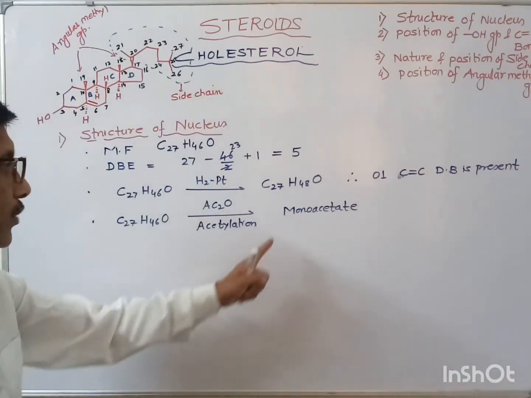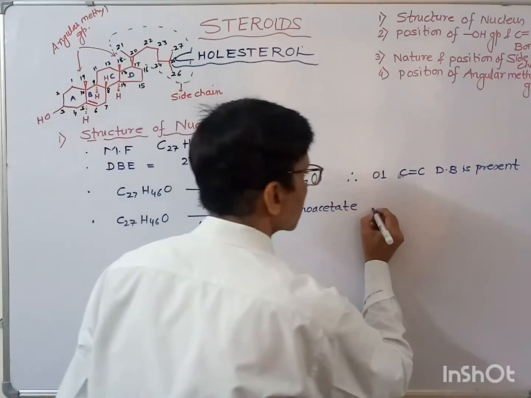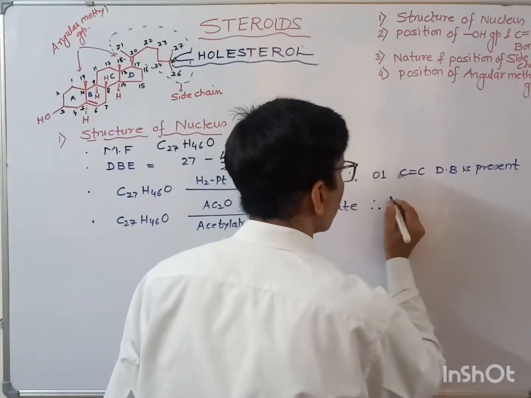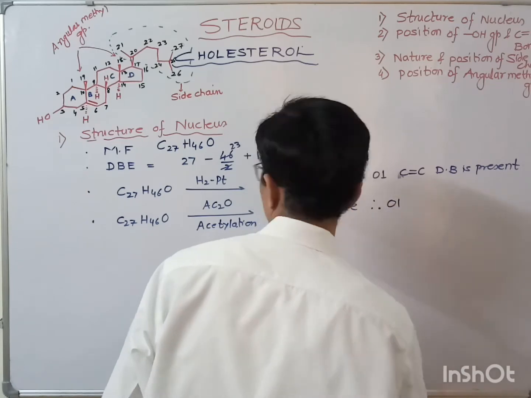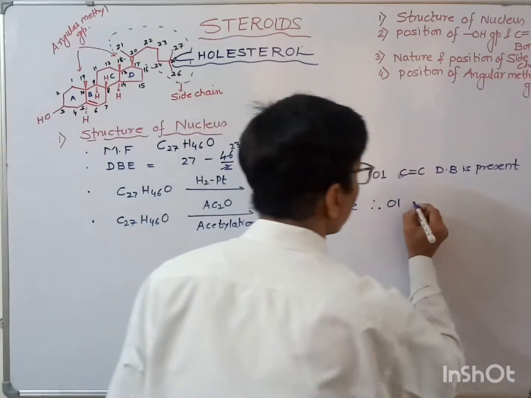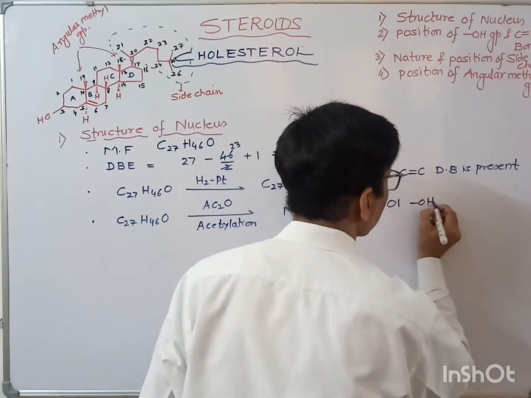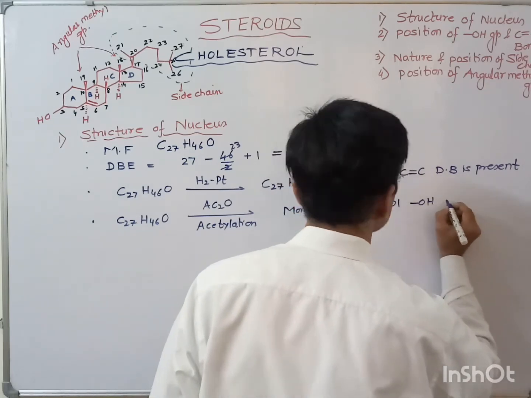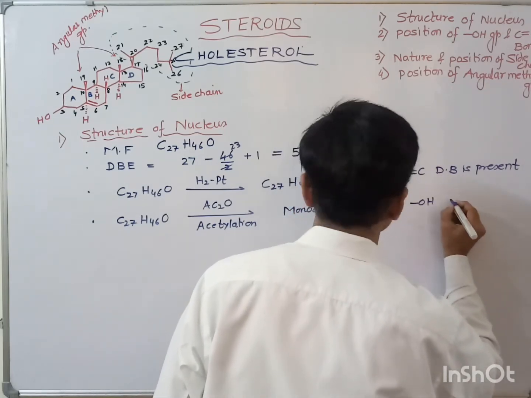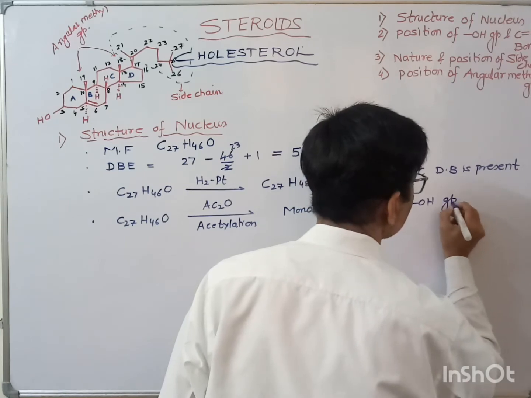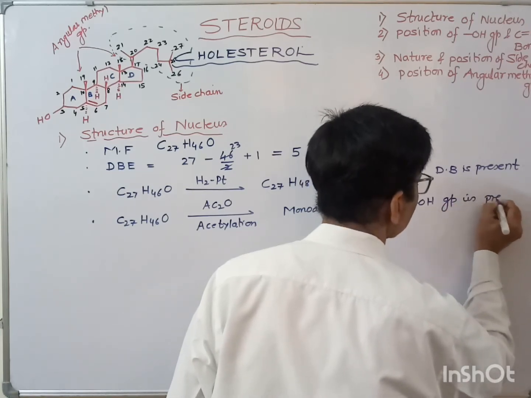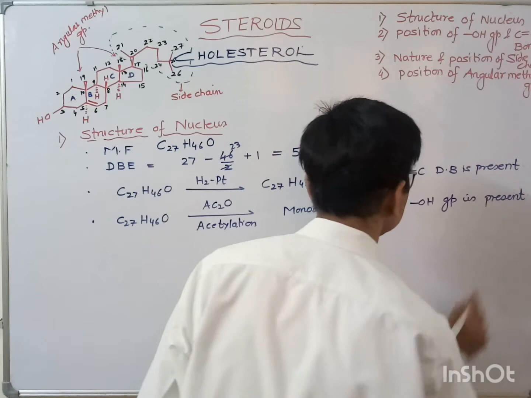So this monoacetate tells us that one OH group is present. Okay, one OH group is present.